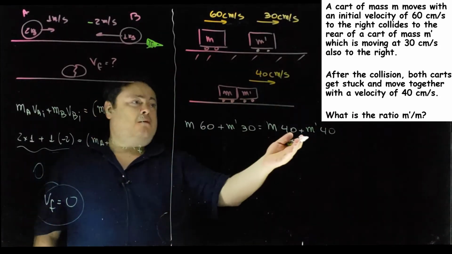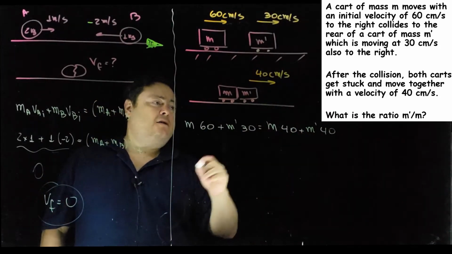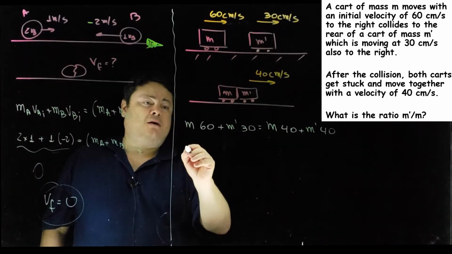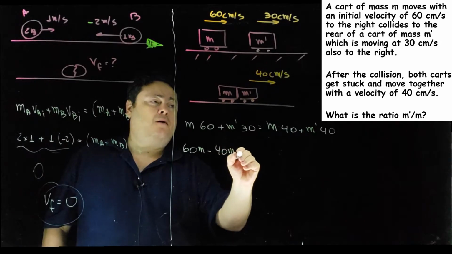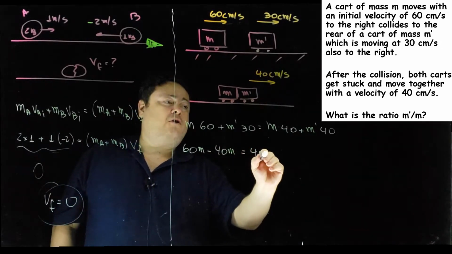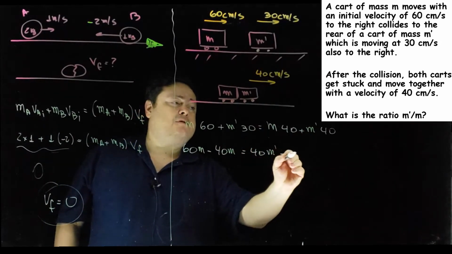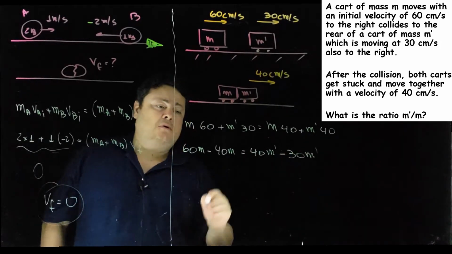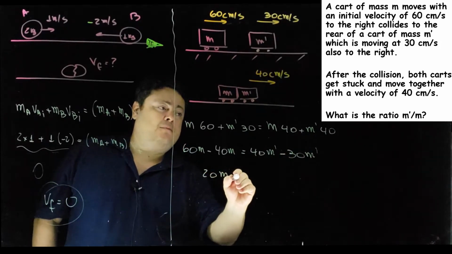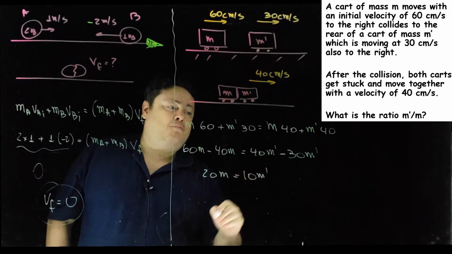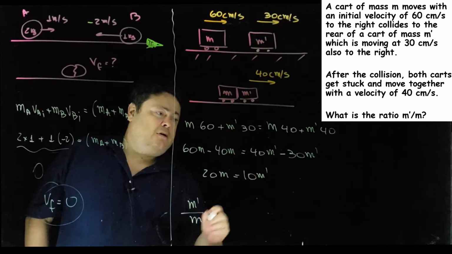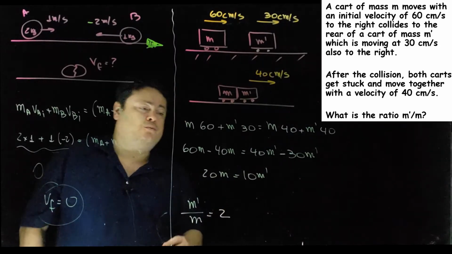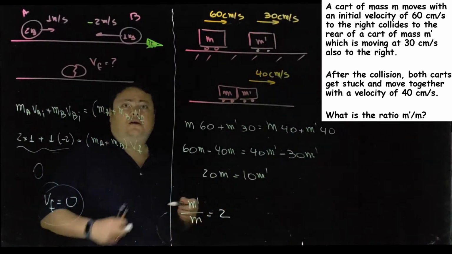So I'm going to transfer m prime to the right-hand side and m to the left-hand side. So that's going to become 60m minus 40m equals 40m prime minus 30m prime, or 20m equals 10m prime, and m prime over m is going to be 2, if I didn't make any silly mistake.